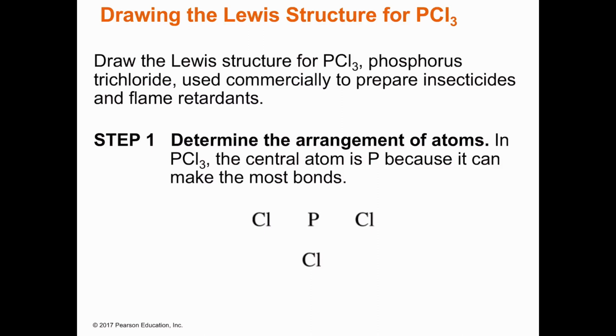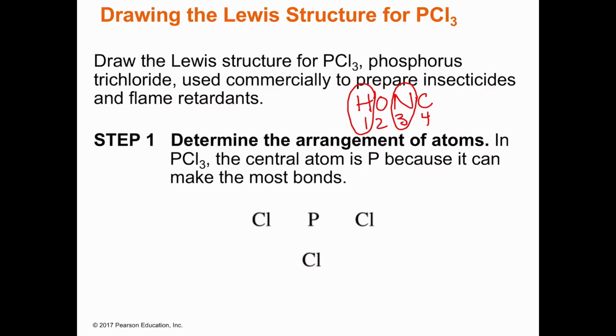So again, by following the HONC rule, right? If we think about our HONC rule, 1, 2, 3, 4. Phosphorus on the periodic table falls under nitrogen. Okay, so that means that phosphorus can make 3 bonds. Chlorine is a halogen, so that will go with H. That means it can only make 1 bond.